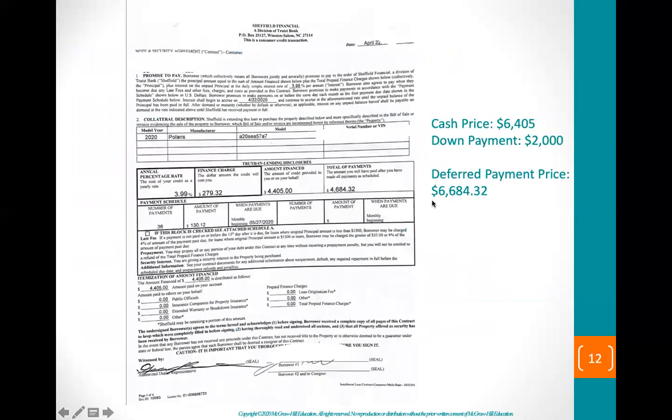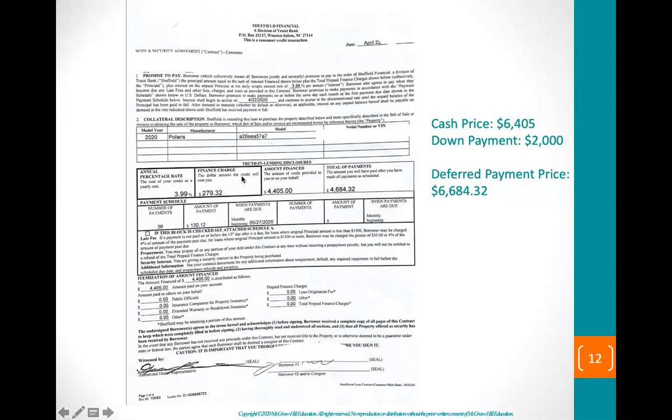This is an example of a finance agreement that I wanted to show you. At the top, you see you're signing a promise to pay. It states the annual interest rate and the date that interest begins to accrue. Down here, it tells you what was purchased. And then these are the Truth in Lending Act disclosures that we discussed in this portion of the chapter. It tells you your annual percentage rate is 3.99%.